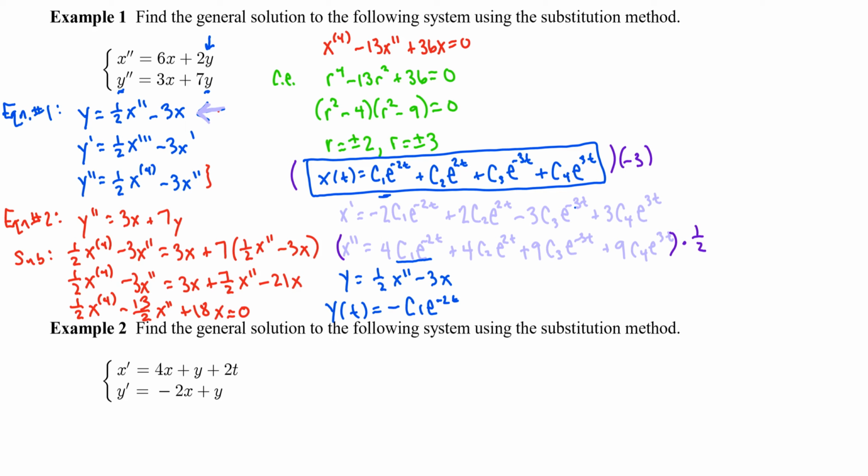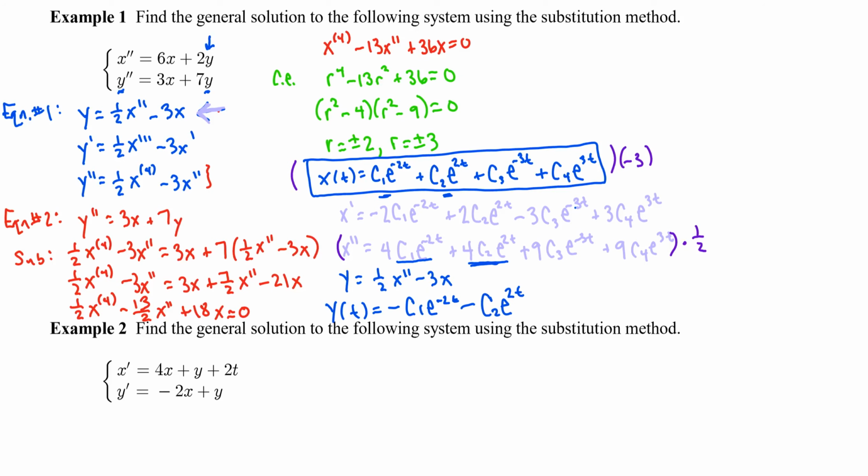Let's do that again for the next term, and I'm just combining like terms. 1/2 times 4c2 e to the 2t, that would give me 2c2 minus c2 e to the 2t. Again, that was 2 minus 1. Let me make sure I did that right. 1/2 times 4c2 is 2c2 minus 3c2. Yes, that gives me minus c2 e to the 2t.